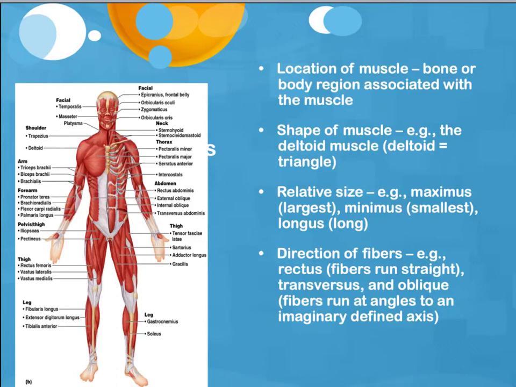For example, deltoid means triangle, because it's a triangular shaped muscle. How big they are, so relative size. So maximus is a very large muscle, minimus is the smallest, longus is a long muscle. The direction of the fibers, so rectus are fibers that run straight, transverse and oblique, they run perpendicular or at an angle.